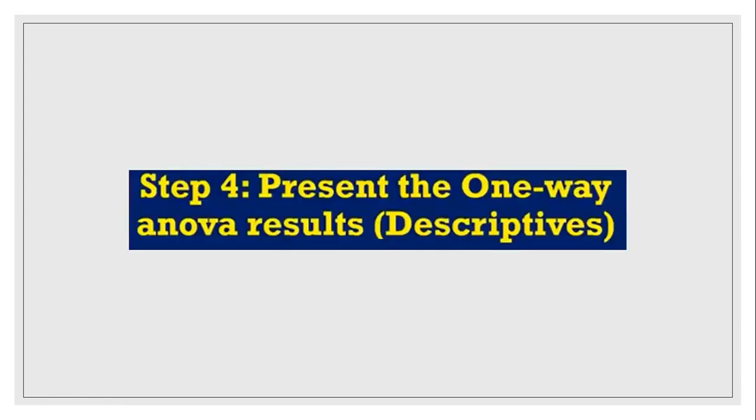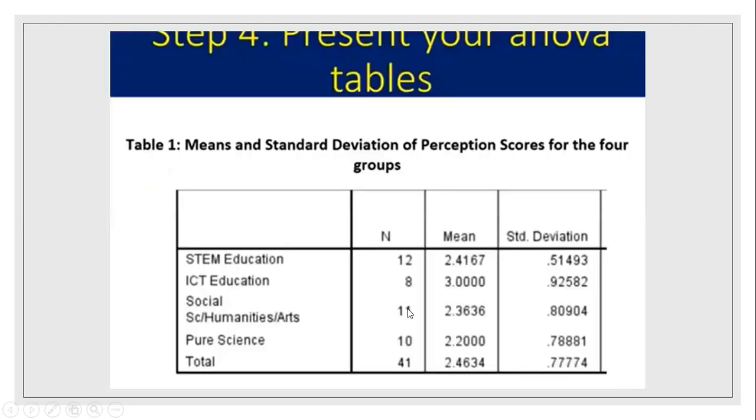Let's continue. Then step 4, which is what to present for the one-way ANOVA result. The descriptive is this. You are going to have the title of your table. You are going to write Table 1: Means and standard deviation of perception score for the 4 groups. You don't just copy this out like that.